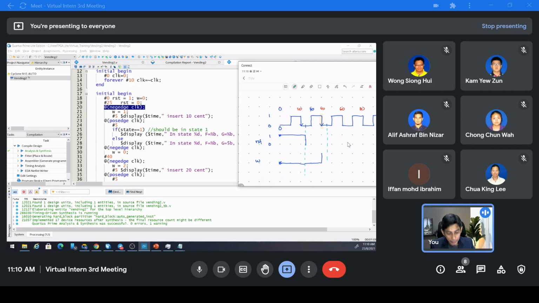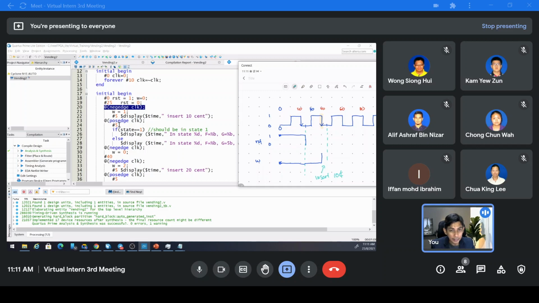W equal to 1 means that we insert 10 cent here at 40 nanosecond. Why 40 nanosecond? Because of this. We insert 10 cent.